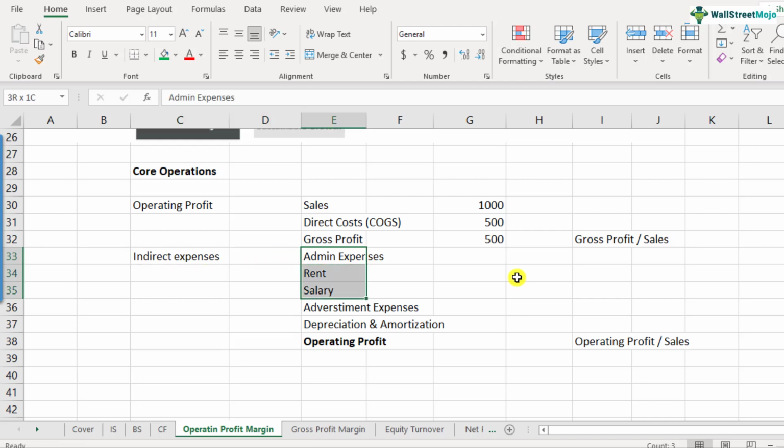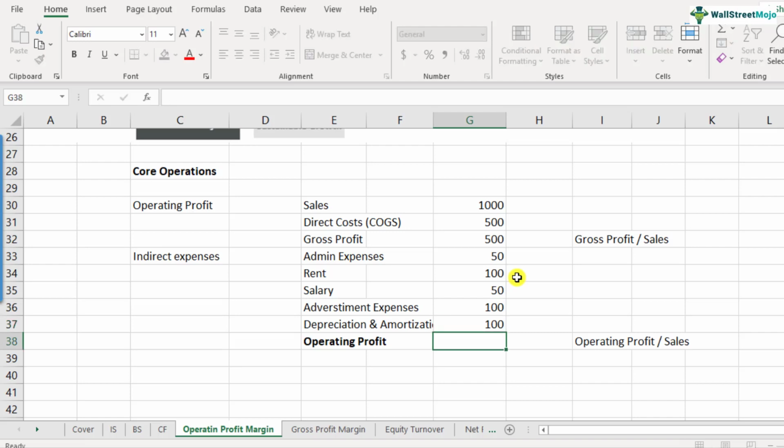Indirect expenses are divided into various types. We will assume these are the ones we have in our case. Admin expense, let's say 50. These are some random numbers which I am putting right now. Advertisement expense, let's say it's 100. Depreciation and amortization is another 100. So how much does this come out to be? This will be gross profit minus the sum of all of these indirect expenses, so this comes out to be 100.